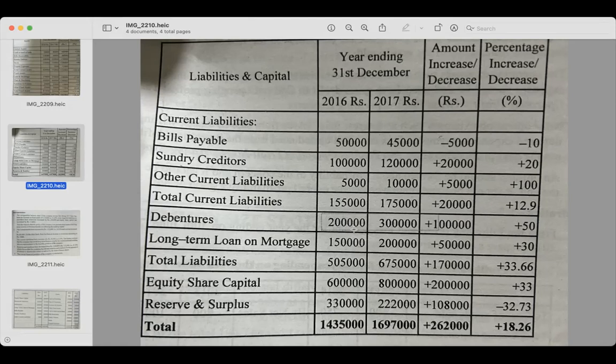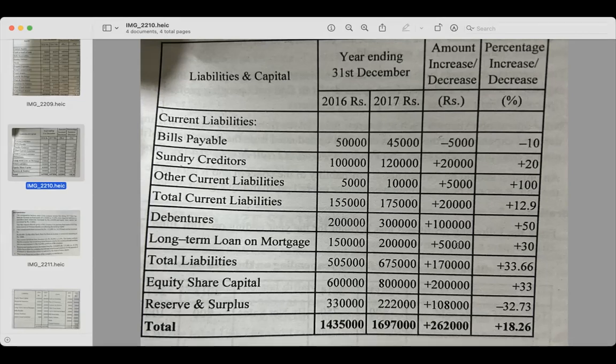Then long-term loan on mortgage, 1,50,000 in 2016. In 2017, it is 2 lakhs. There is an increase of 50,000. 50,000 by 1,50,000 gives you 30% increase. Denote it with plus or positive sign. The total liabilities is 5,05,000 in the first year, 6,75,000 in the second year.